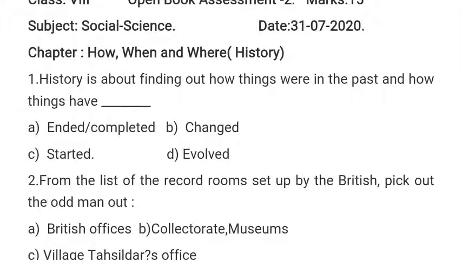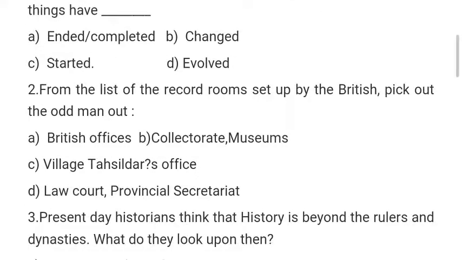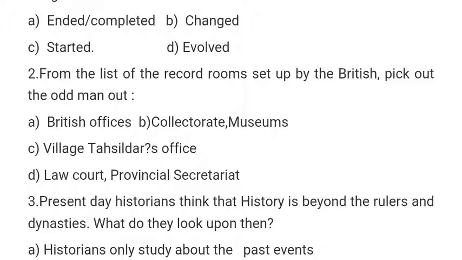Question number 1: history is about finding out how things were in the past and how things have evolved. Evolved, option D. Then, from the list of the record rooms set up by the British, pick out the odd man out. These are the different offices established by the British for the purpose of keeping records.